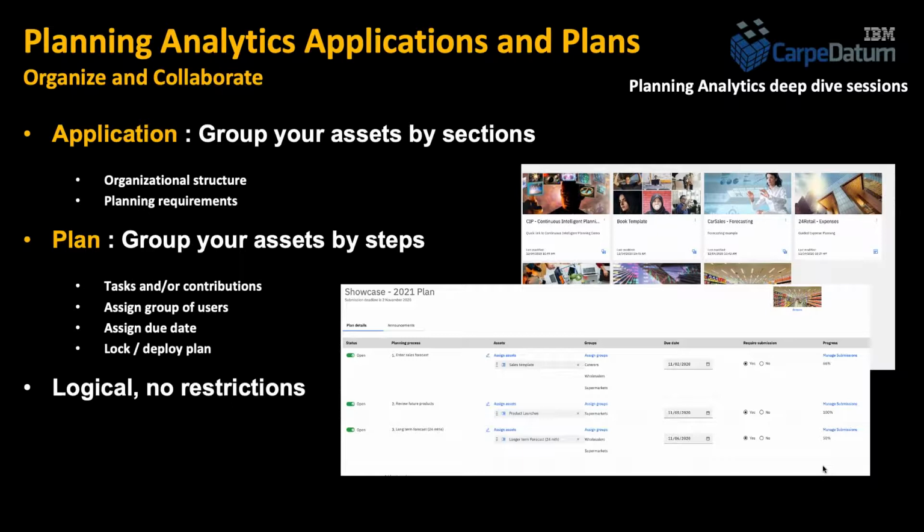The first one is called application. Application allows you to group your assets by different sections, and it's totally flexible how you want to structure it. It really has no limitation. You could group them by organizational structure or planning requirements or areas of analysis, and then you can deploy this.